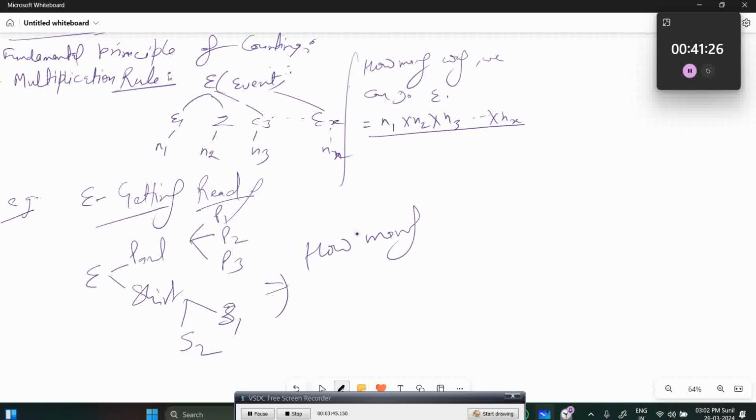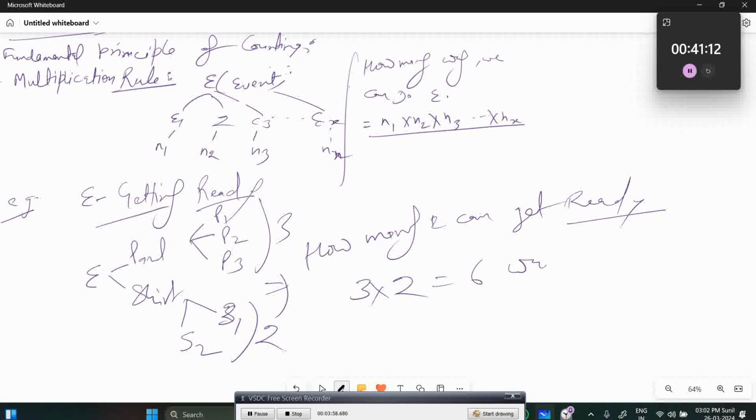How many ways can I get ready? There are three ways here and two ways here, so I can get 3 times 2 equals 6 ways.